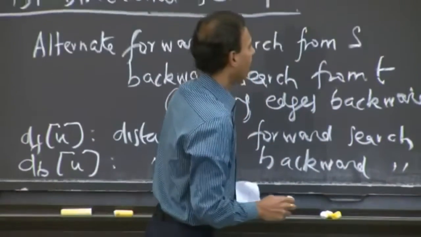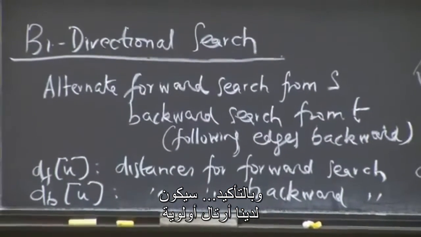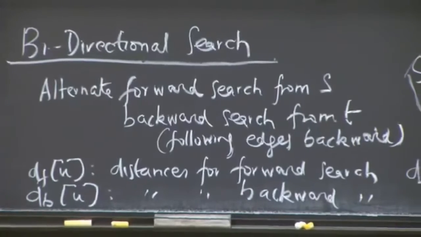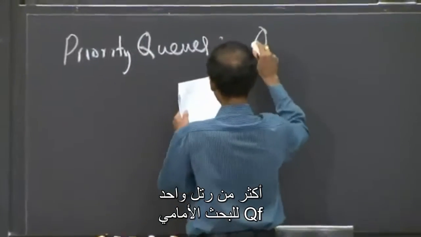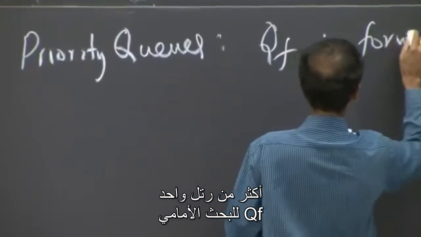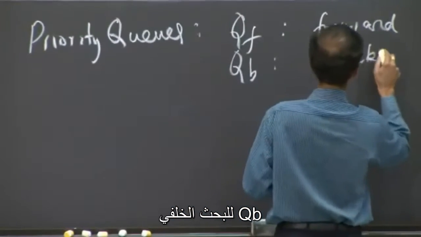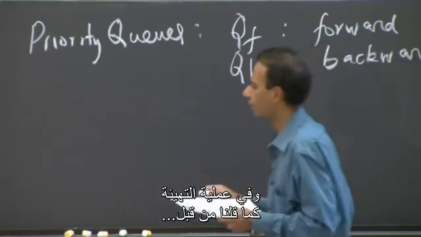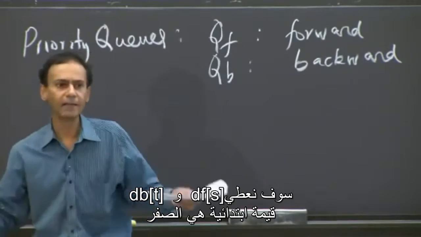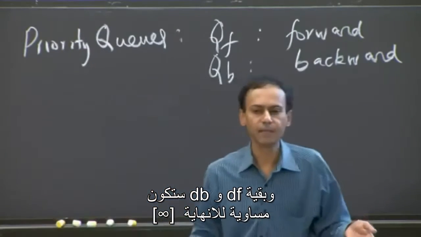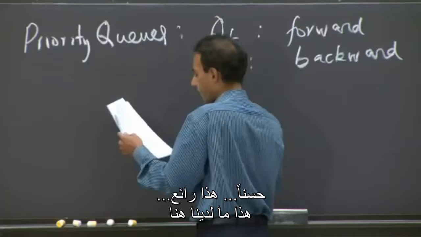And of course we're going to have priority queues, plural, QF corresponding to the forward search, and QB corresponding to the backward search. And in initialize, as I said before, we're going to initialize D_F of S to be 0 and D_B of T equals 0, and then everything else, the D_F's and the D_B's, are going to be infinity. All right? Okay, great. So that's what we have here.